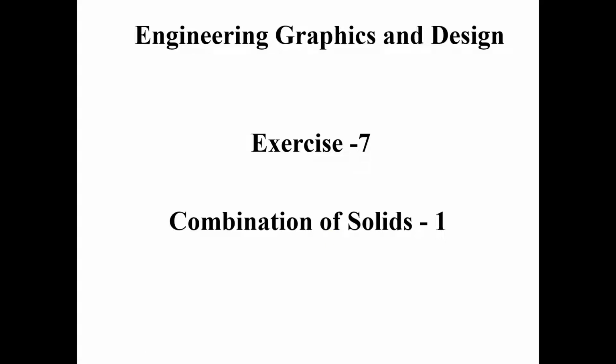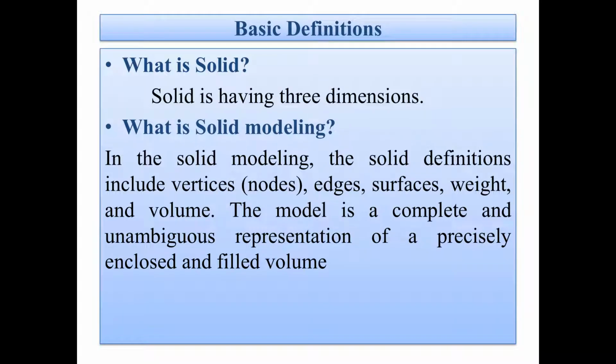So let us start exercise 7, combination of solids. The basic definition of a solid is having three dimensions, and solid modeling is defined as including vertices, edges, surface, weight and volume.